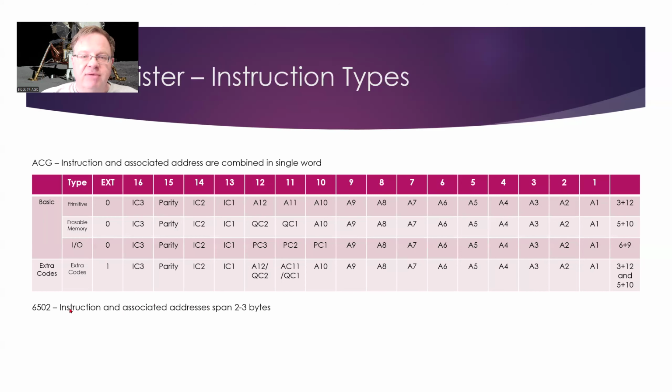For example, if you're doing an add on a 6502, you'll have the opcode itself, the add opcode, which takes up 1 byte, and then depending on which version of the add, you'll have another 1 or 2 bytes to represent what address that add instruction should be applied to.